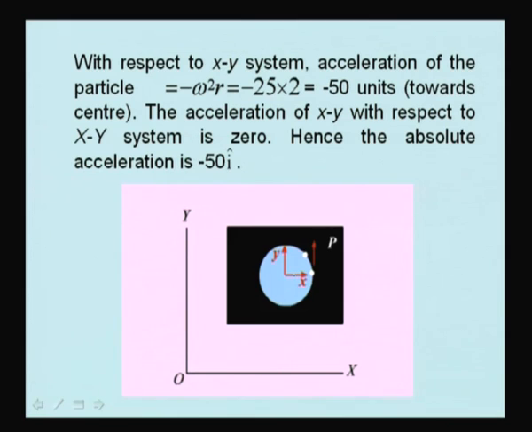Therefore, this is equal to minus 25 into 2, where omega is 5 radian per second and r is 2 units. So, this becomes minus 50 units towards the center. The acceleration of xy with respect to the capital XY system is 0 because the cardboard is moving with a constant velocity. Hence, the absolute acceleration is minus 50i itself.